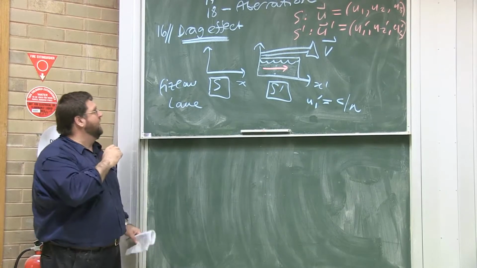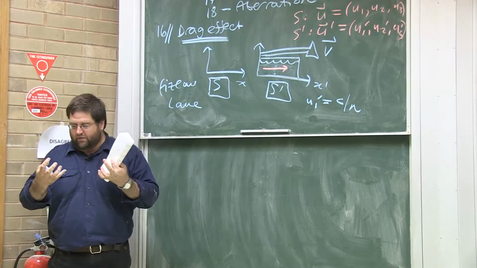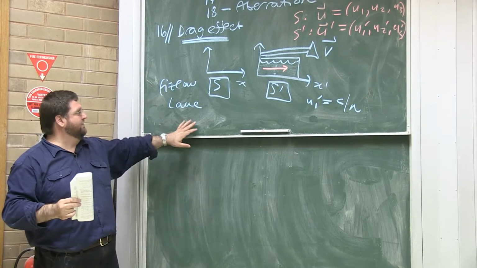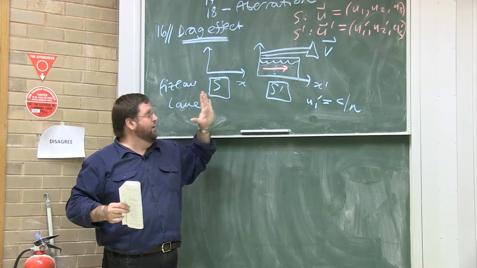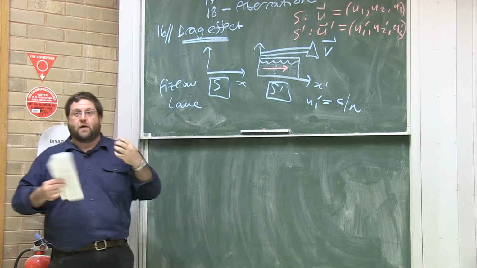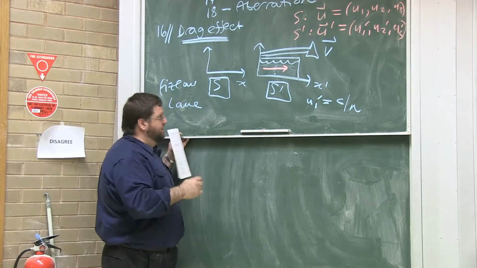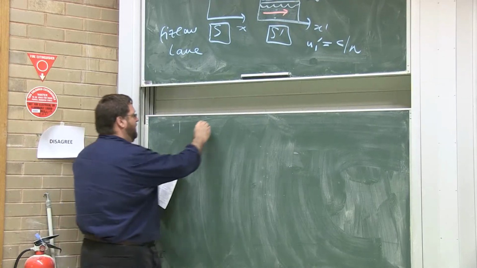And what he used to explain the Fizeau experiment was the Einstein velocity addition formulae, which we derived last lecture. So we want to derive a formula for this dragging of light when it passes through a moving medium. And the starting point is going to be the Einstein velocity addition formula.